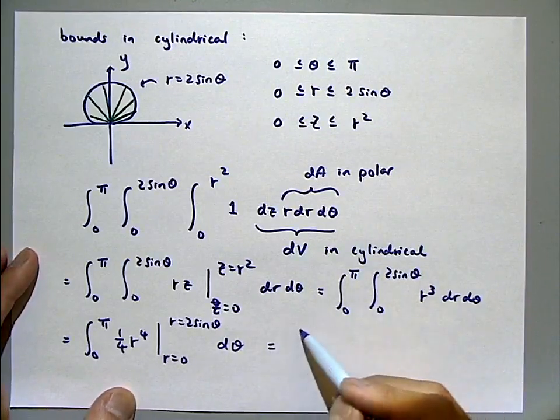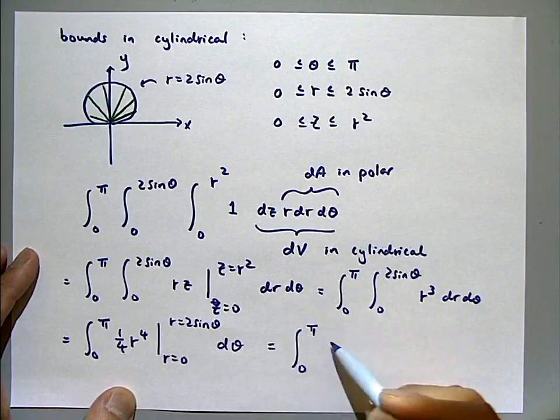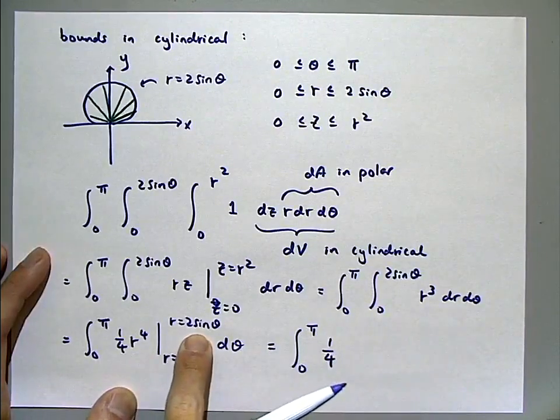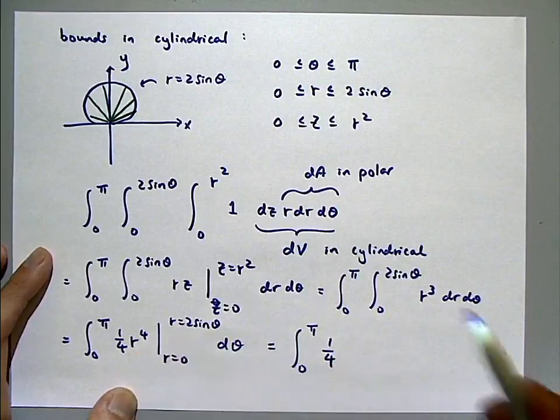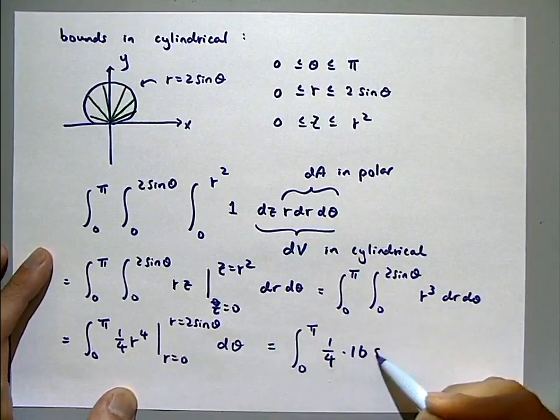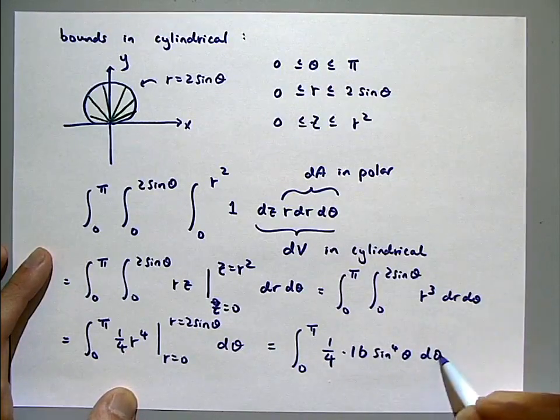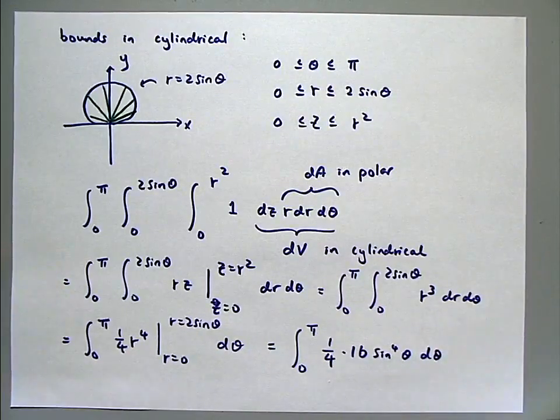So we end up getting 0 to pi, 1/4, 2 sine theta to the 4th power. 2 to the 4th is 16 sine to the 4th d theta. How do you integrate sine to the 4th?